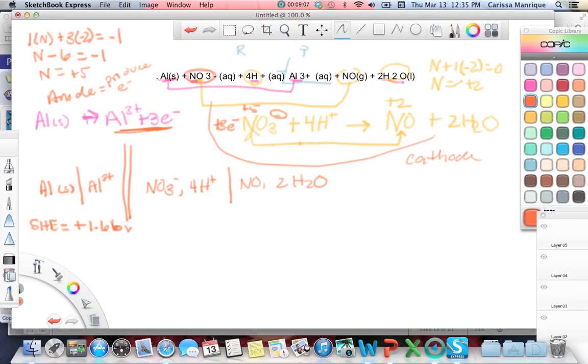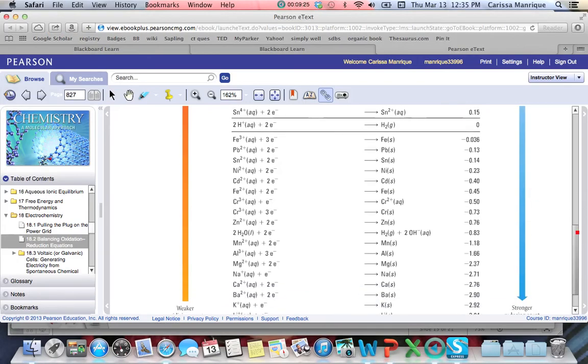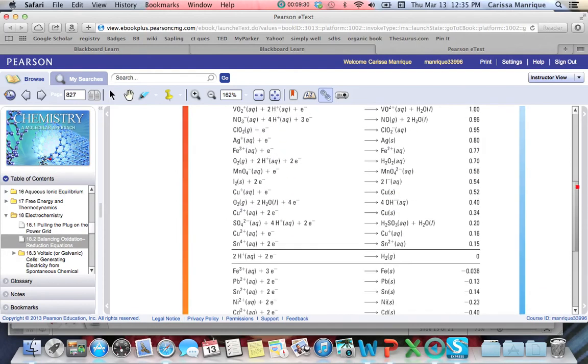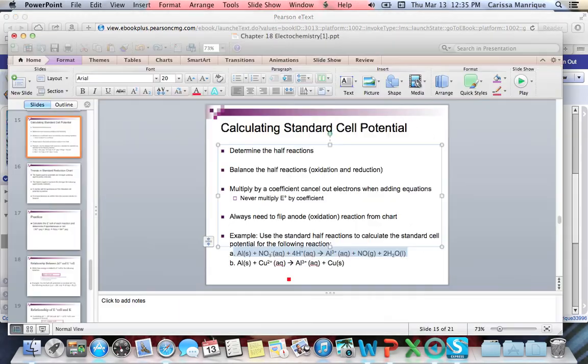Okay? And what we're going to do here, now let's look at this one. So NO3 and 4H plus. So we're going to look at that reaction. Here we go. NO3, here it is. See, NO3, 4H plus, 3 electrons is 0.96. Oops, not that.